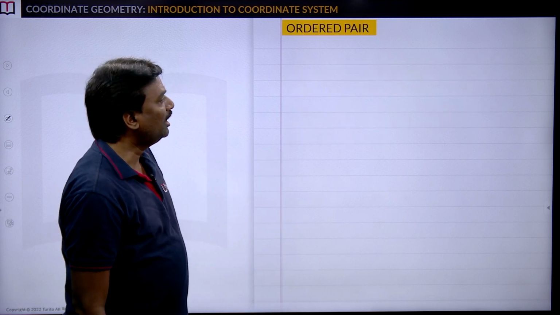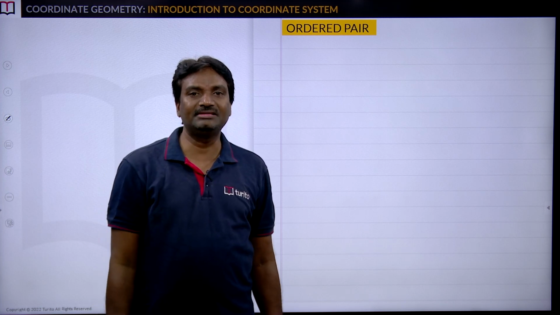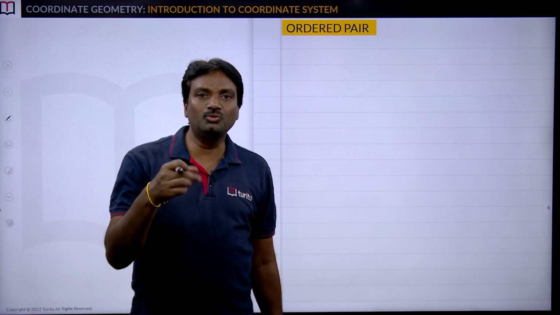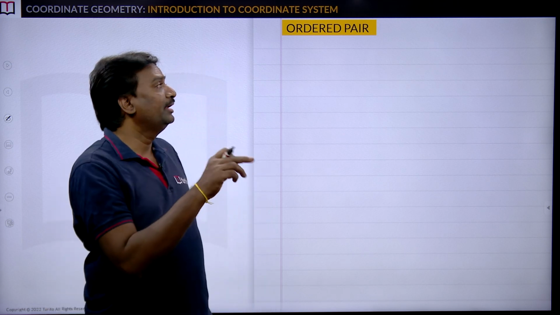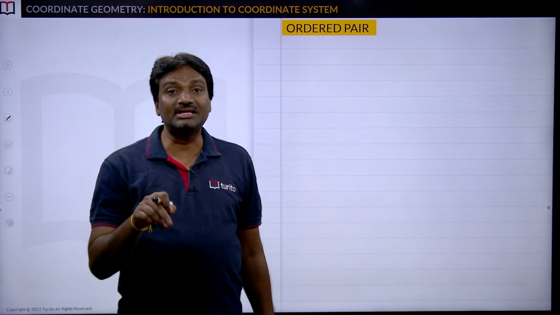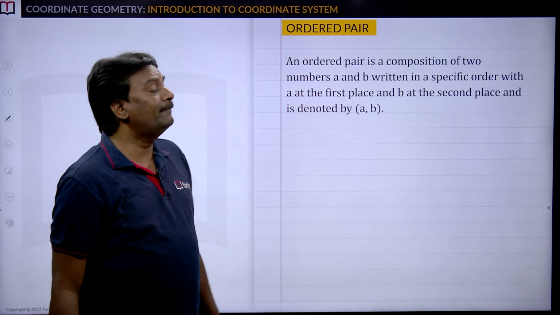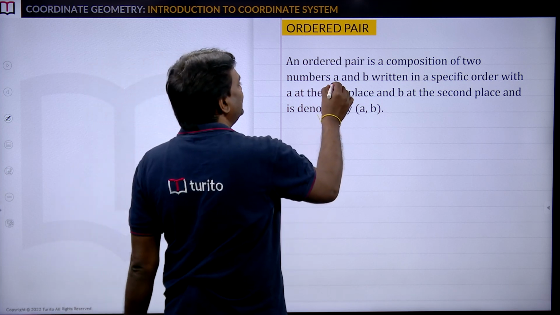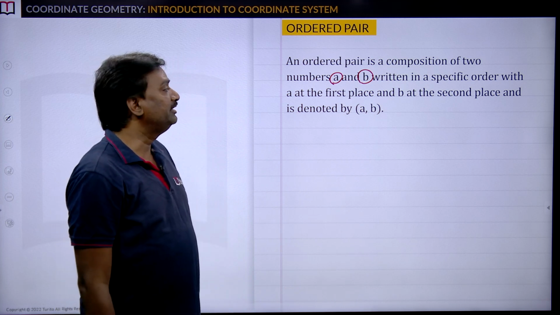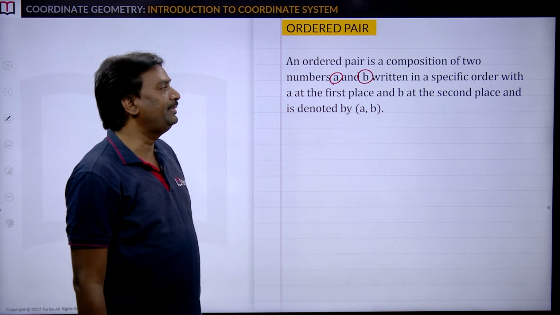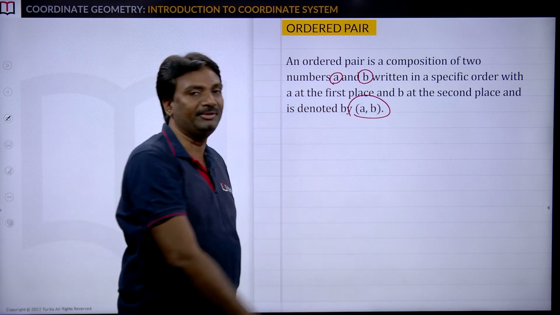Now, ordered pair. Pair is nothing but 2. If you write two things, whether numbers or alphabets, whatever it may be, in an order, then an ordered pair is a composition of two numbers A and B written in a specific order with A at the first place and B at the second place, and is denoted by (A, B).